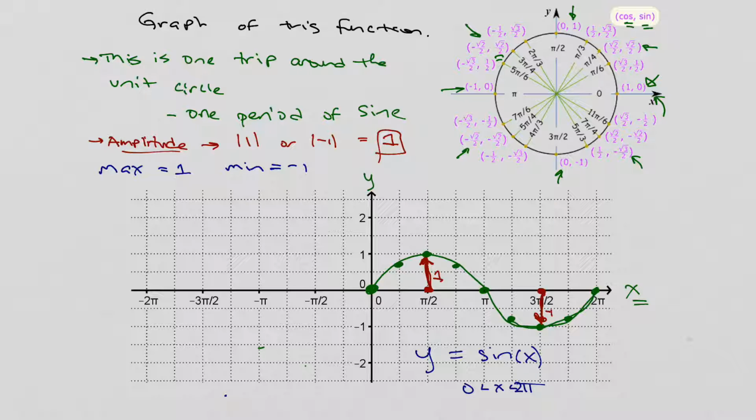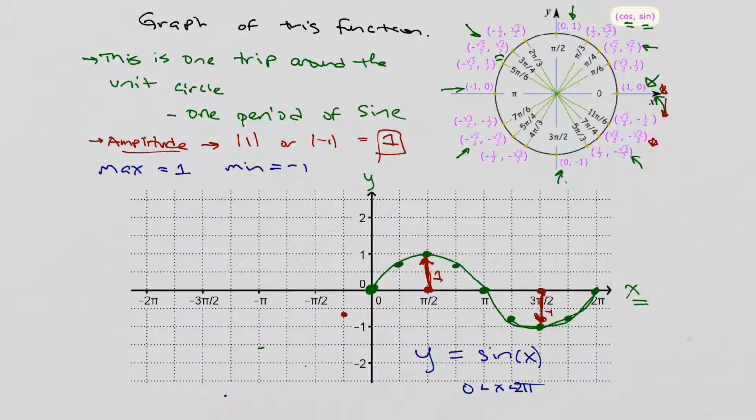Of course, if we wanted to, we could go backwards in the other direction, and it would just be a straight-up copy of this thing. So if I went and copied this thing, it would look something... whoa, really not like that at all. So let's see. If we start here at 0 and go back in this direction, negative pi over 4 would give me negative square root of 2 over 2.